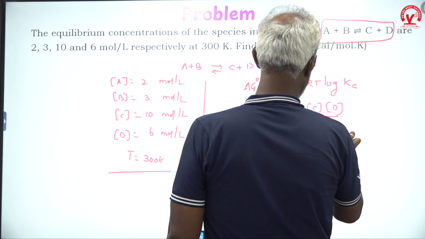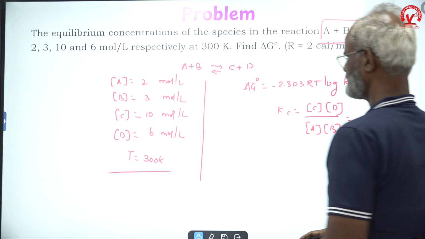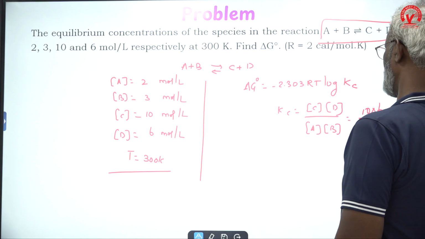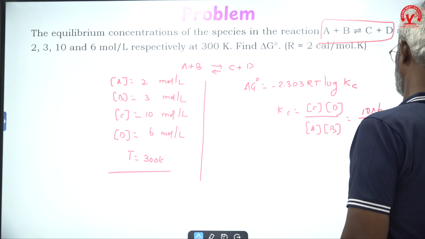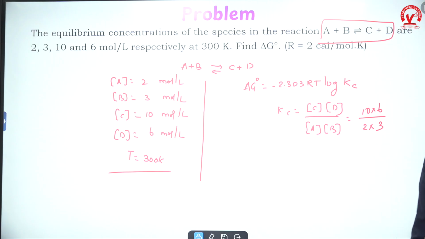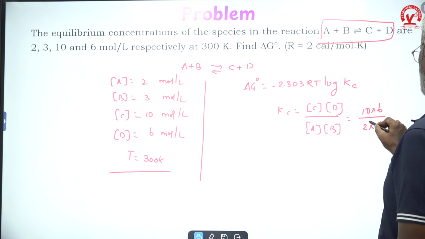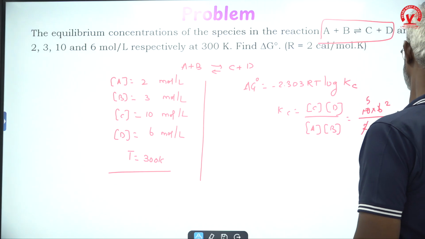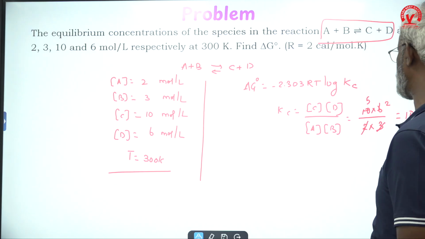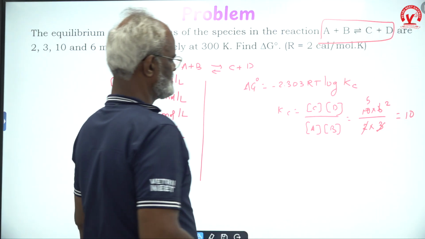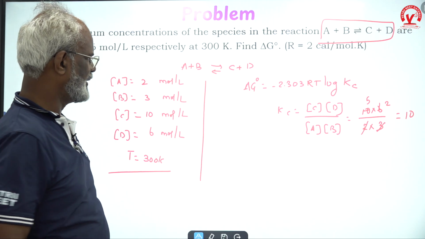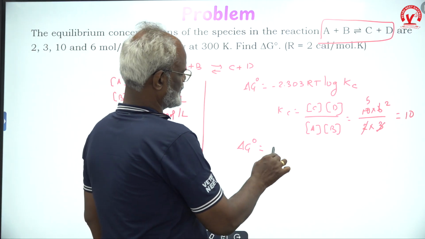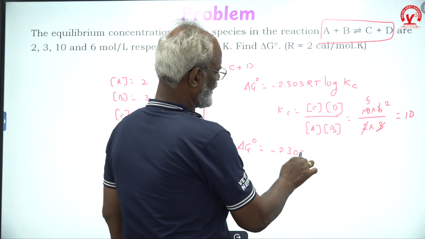So C is 10 into 6 divided by 2 into 3. If you cancel, it is 10. Kc value is 10.